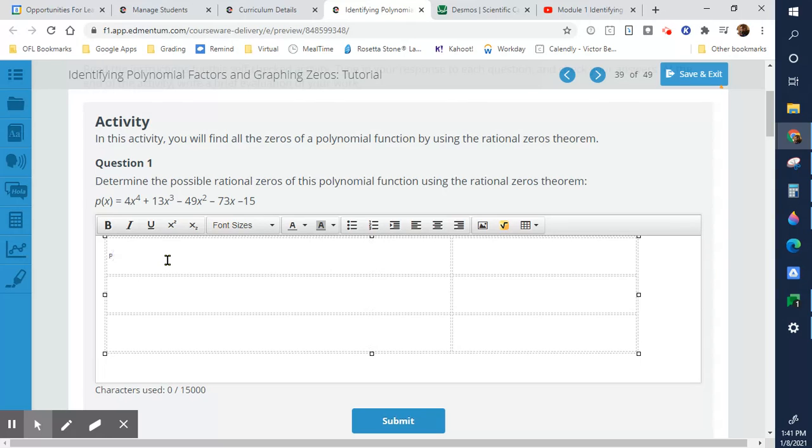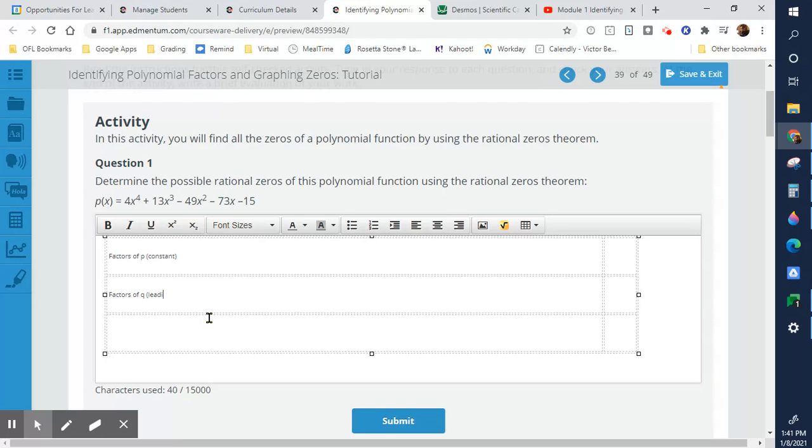So P, or I should say factors of P. And remember, P is our constant. I say remember because I honestly forget a lot of times. Factors of Q. I always have to look it up when I'm doing this. Factors of Q, leading coefficient.